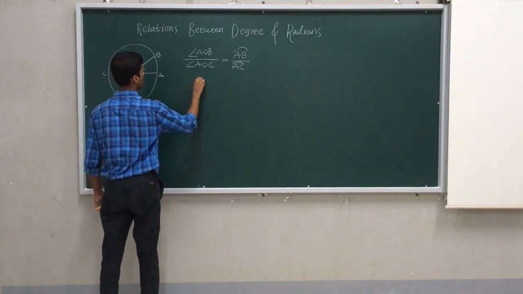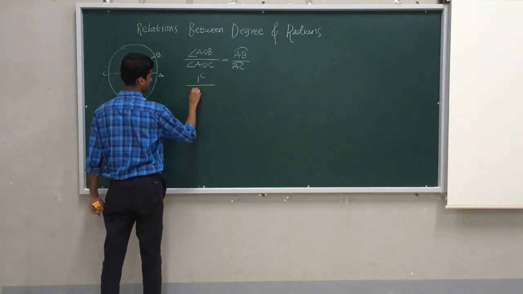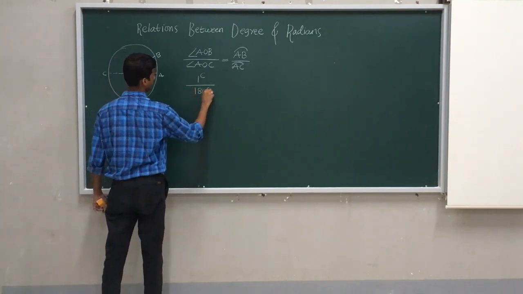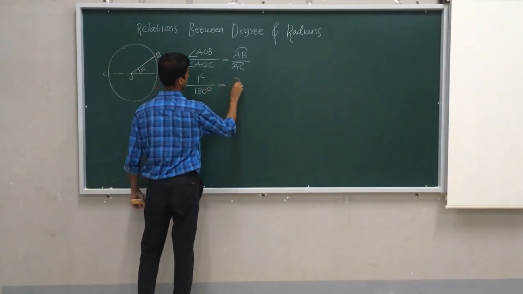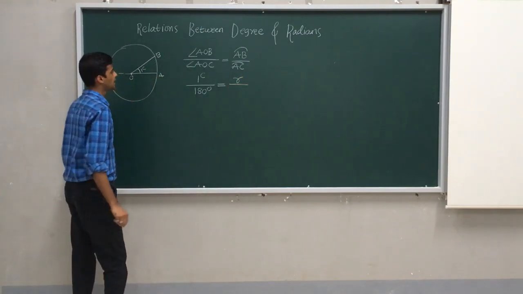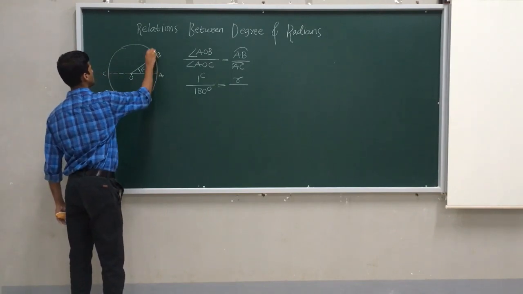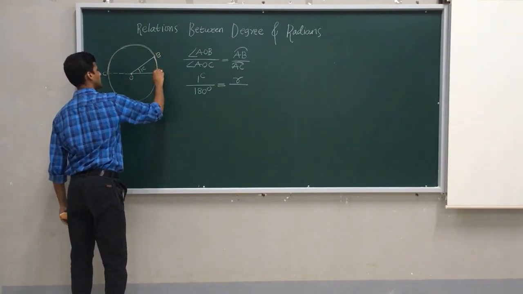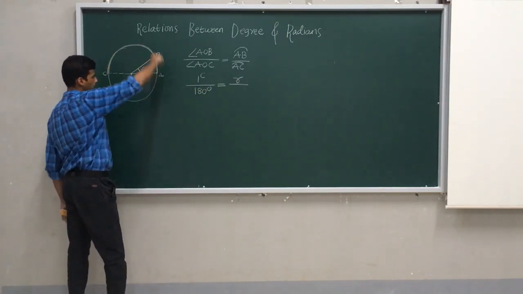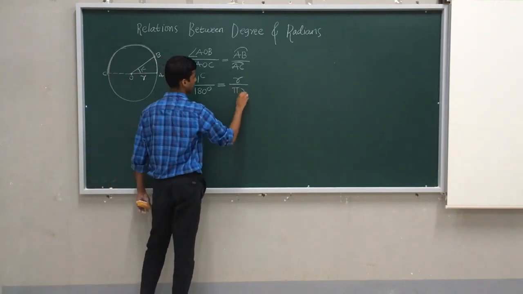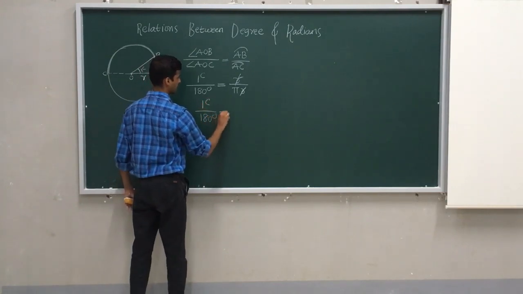What is angle AOB? 1 radian. What is angle AOC? A straight angle, that is 180 degrees. What is arc AB? That is the radius R. Then what is arc AC? Arc AC is half of the circumference, which means pi R. You cancel these two. You get 1 radian upon 180 degrees is equal to 1 by pi.